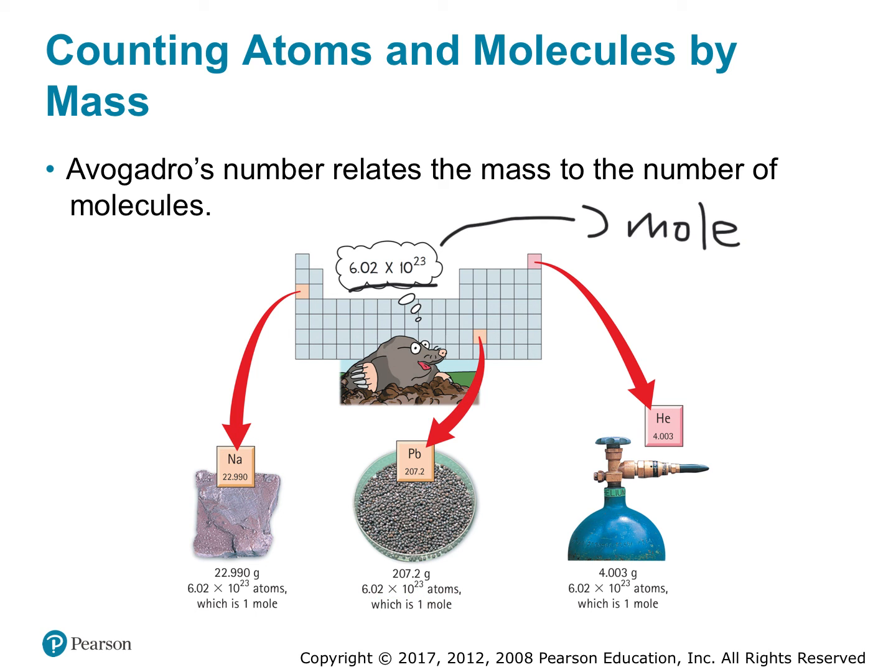Similarly with sodium, sodium doesn't weigh as much as lead. It weighs more than helium, but not as much as lead. If I look at sodium again, I've got 22.990 as the atomic mass of sodium. If I measure out 22.990 grams of sodium, I know that's the amount of sodium that contains 1 mole of sodium atoms. In other words, 6.02 times 10 to the 23rd sodium atoms, or 1 mole of sodium atoms.